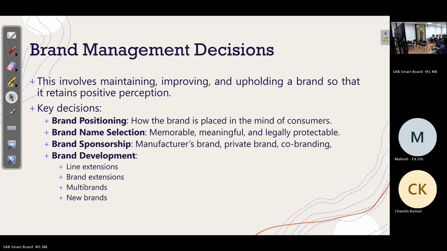Then the second one, private brand: create a separate company, purchase products from the manufacturer, create a separate brand name and sell the products.